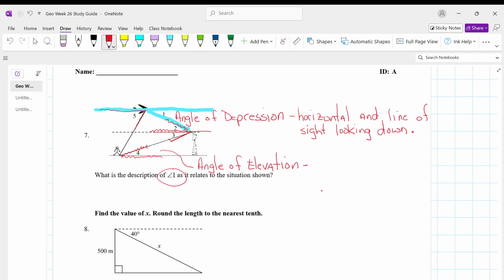Okay? So both types of angles are formed by a horizontal. In angle of depression, the second side is going down. In angle of elevation, it's the horizontal and the second side is going up. So this is formed by a horizontal and line of sight looking up.